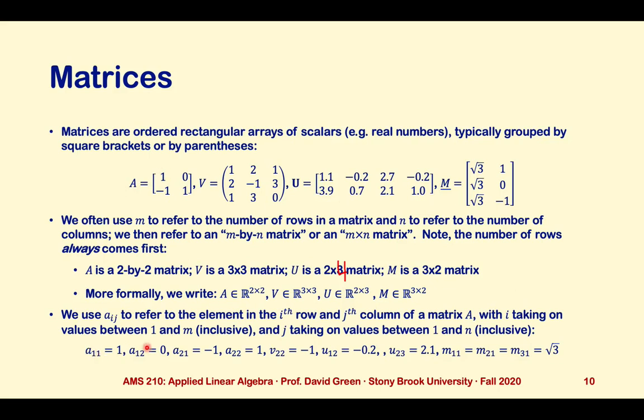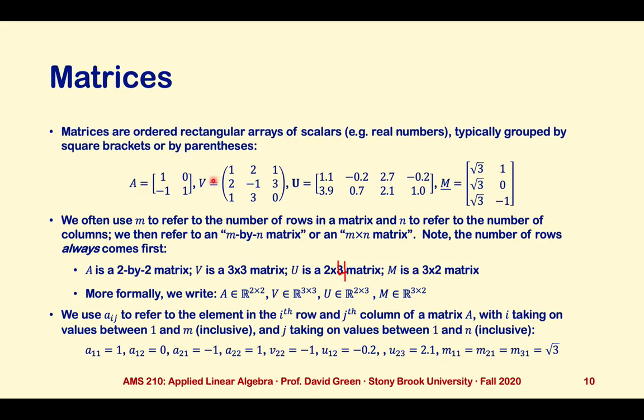That is 1. A12, rows always come first, is the element in the first row and the second column, which is 0. A21, rows come first, is the element in the second row and first column, or -1, and A22 is the element in the second row and second column, or 1.